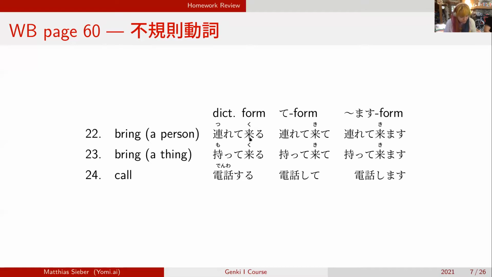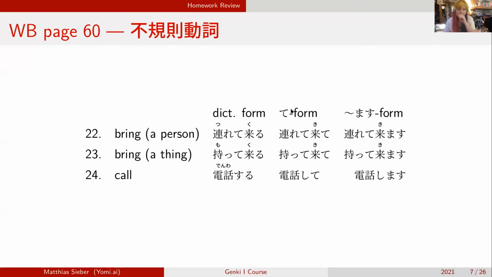But here I opted for writing the kanji again, just to signal this really is a verb and another verb combined by the te form, right? So tsurete ku, tsurete kita, tsurete kimasu. The ku part is the one that gets conjugated. The tsurete stays in its te form.